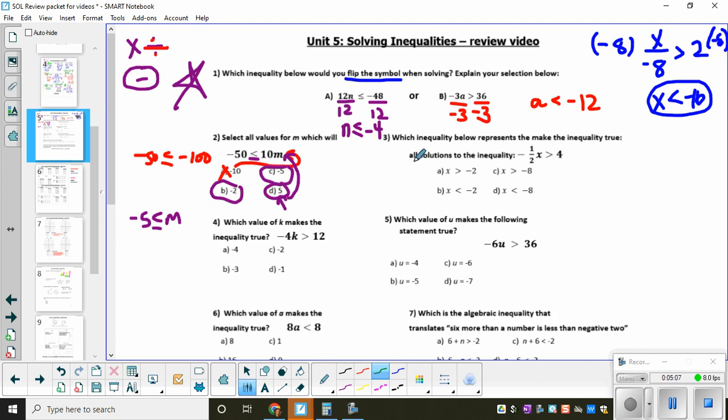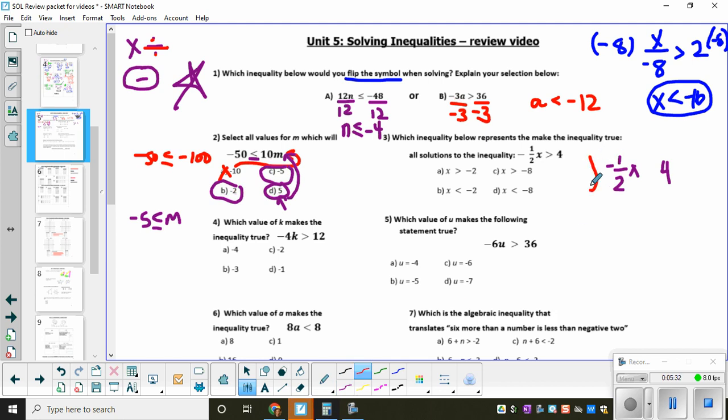Whereas now this next question asks, which one of these inequalities below represents or shows all of the solutions to this inequality right here? Okay, so we've got 4 options, which is basically a fancy way of saying, hey, solve this thing right here. And we're going to solve this the exact same way we would an equation where we have a coefficient that's a fraction.